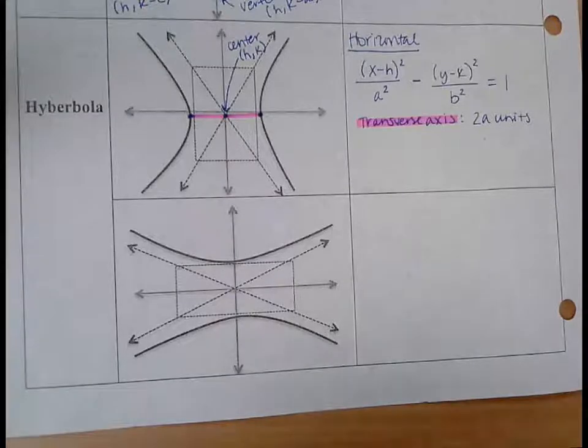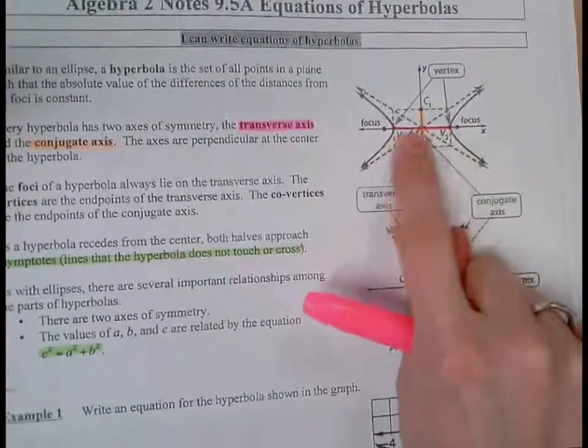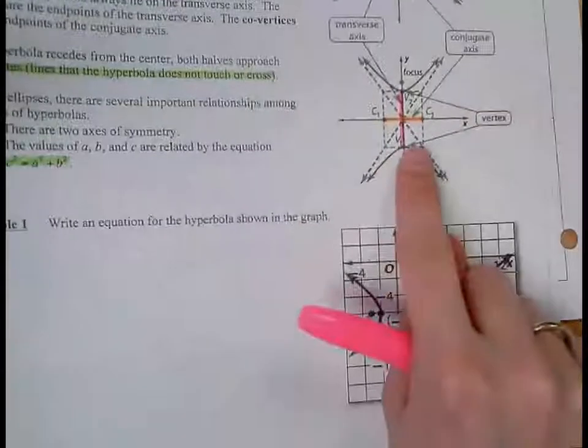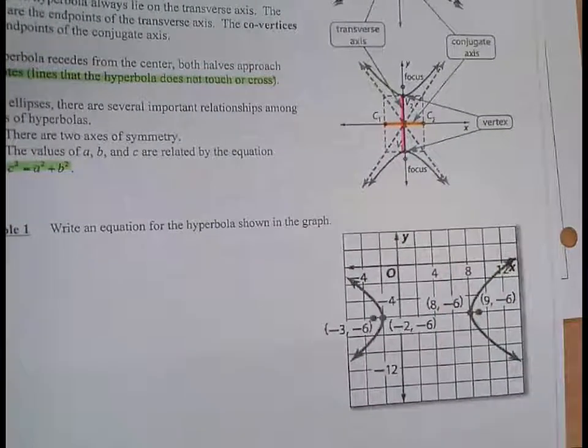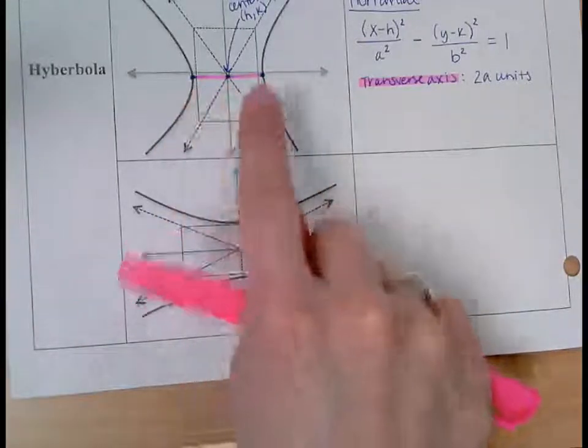We did not for the horizontal hyperbola. The horizontal axis was the transverse axis. If it's vertical, then the horizontal is the conjugate. So the transverse will always connect the two vertices.